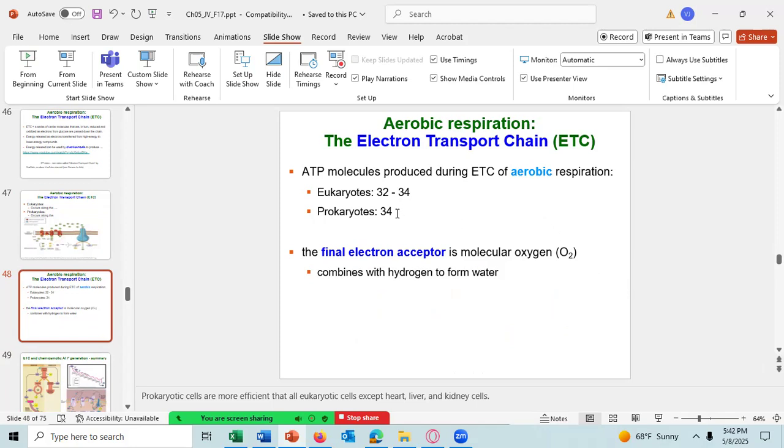They always generate 34 molecules of ATP per molecule of glucose. In aerobic respiration, the final electron acceptor is a molecule of oxygen. The oxygen combines with the electrons and some hydrogen ions to form water.